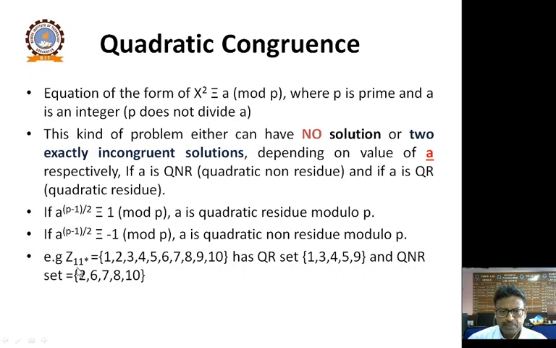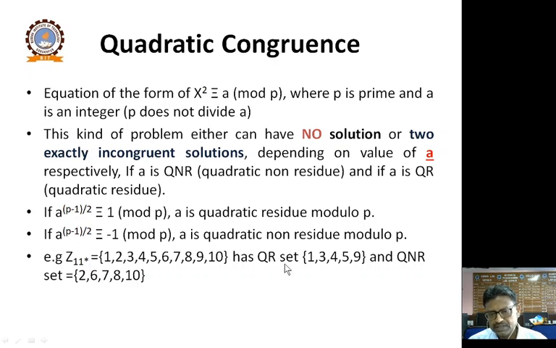Now, in the example Z11 star, we have 10 elements, 1 to 10. Not every element is a quadratic residue. Only 1, 3, 4, 5, 9 are quadratic residues, and 2, 6, 7, 8, 10 are quadratic non-residues. Why is it so? Because when we apply 1, 3, 4, 5, 9 to this equation, only then do we get 1. Otherwise, if we apply 2, 6, 7, 8, 10 with a to the power (p minus 1) by 2, we get minus 1.